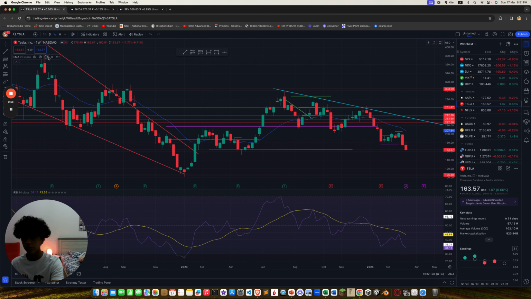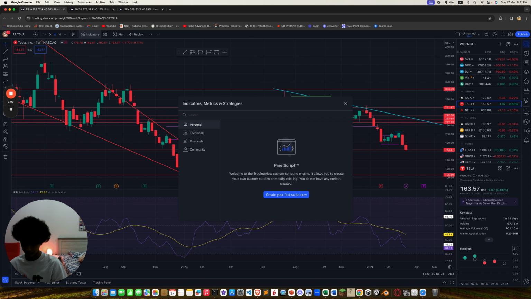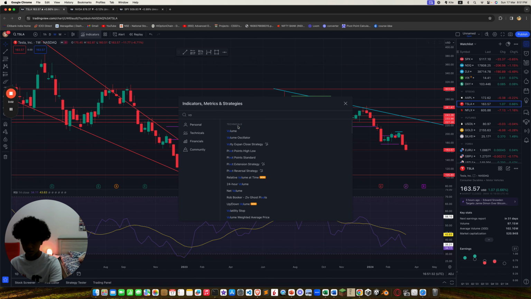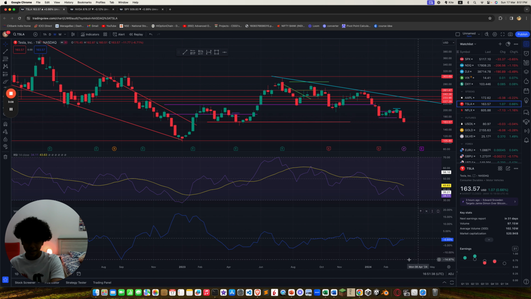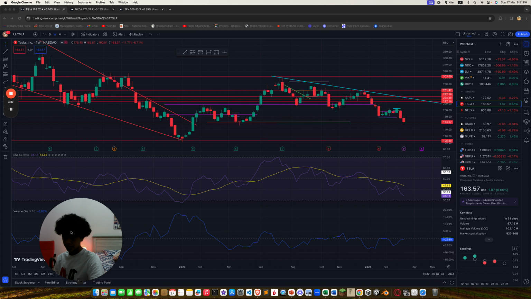And if we remove the EMA here and add the volume oscillator, for example, here's another good one to see if there is an actual divergence. We can see that although the price is going downwards, volume is actually going upwards. So if we draw this here, we can see that volume is going upwards, which means that the market is going down with the force of volume as well. So that's definitely a good sign from those two.